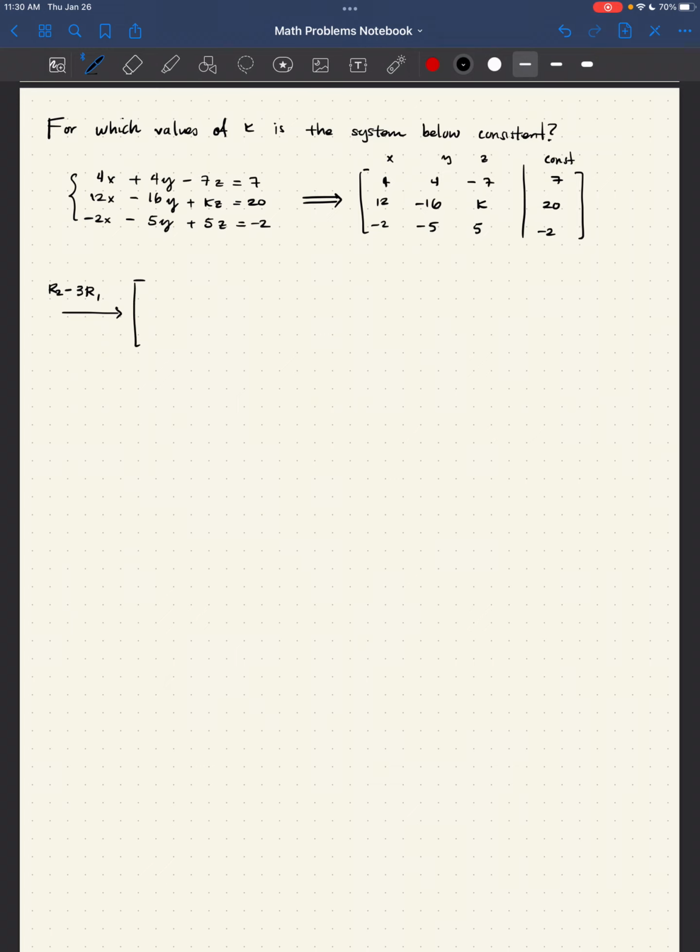Thus, I will obtain the following matrix. 4, 4, negative 7, 7, 0, negative 28, k plus 21, negative 1. And then the third row remains untouched, so negative 2, negative 5, 5, and negative 2.